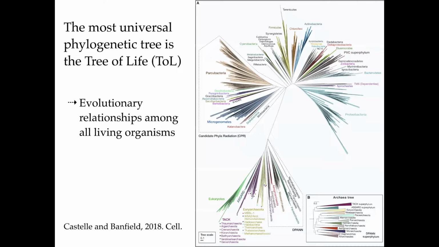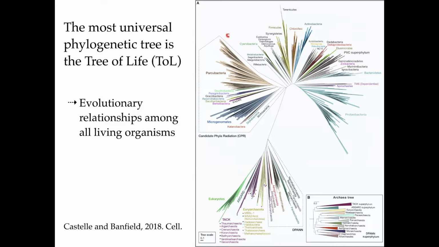Here's an example of the representation of all the relationships among all living organisms, or at least the most recent representation. It is what we call the tree of life. That is the most recent version that we have, trying to describe the evolutionary relationships among all living organisms.